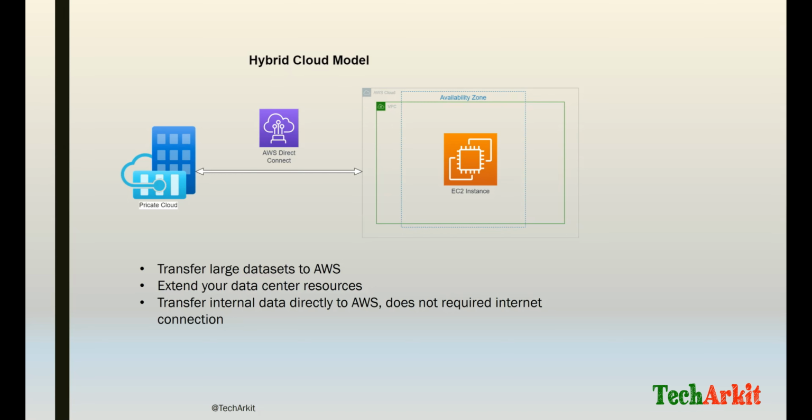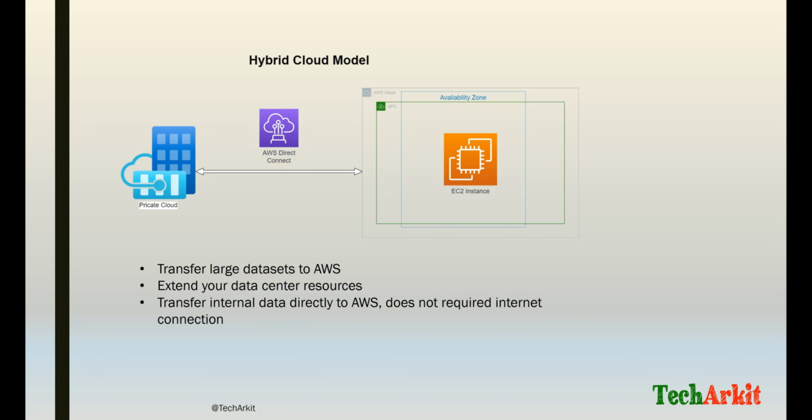Then you just have a direct line between your AWS and your on-premises data center. Then you can transfer the data to S3 buckets. You can send that large amount of data to S3 buckets, and you put some S3 policies over there so that it will be archived.